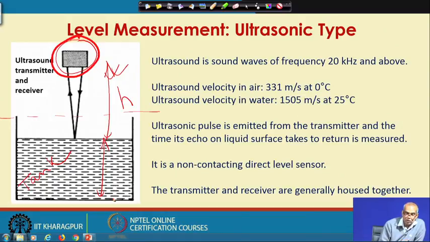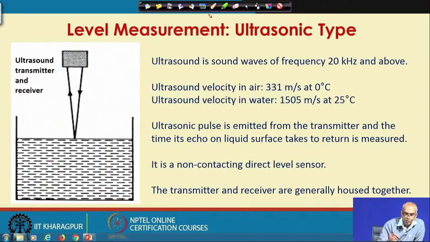So, the position of this device is known. An ultrasonic pulse is emitted by the ultrasonic transmitter.